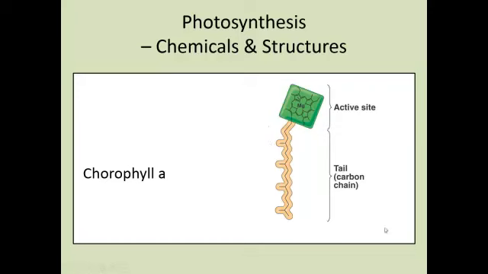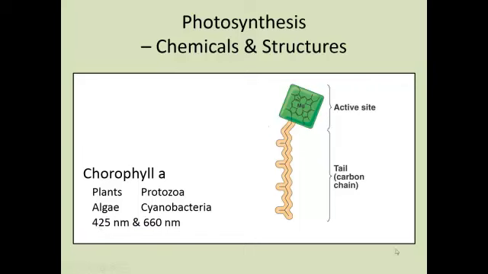So this is a molecule of chlorophyll A, which is found in plants, protozoa, algae, and it's also found in cyanobacteria. So actually, all of these eukaryotes got their chlorophyll A from forming an endosymbiotic relationship with cyanobacteria. So it makes sense that they would have chlorophyll A, and chlorophyll A absorbs in the 425 and 660 nanometer range.